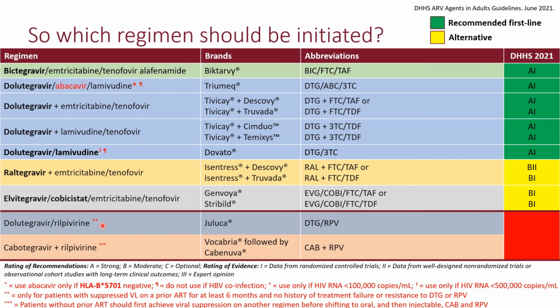So with Juluca, it has to be at least for 6 months, and the patient cannot have history of treatment failure or resistance. With cabotegravir and rilpivirine, these are injectable combinations. This is to improve adherence because these are once a month injections.